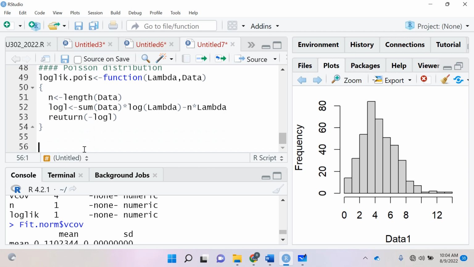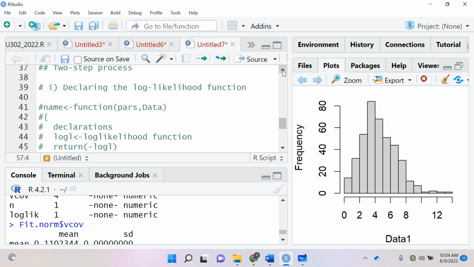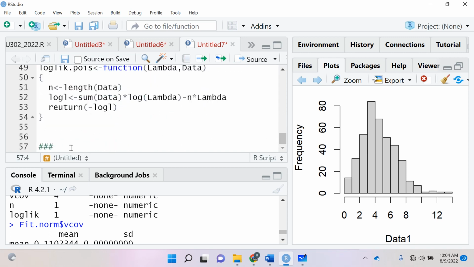So what about the second part? The second part will be about optimizing the likelihood. What did I use at the top? I said declaring the likelihood, so that was I. So this will be II, optimizing the log likelihood.